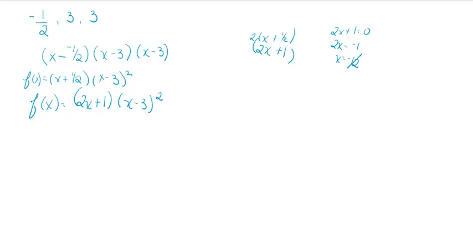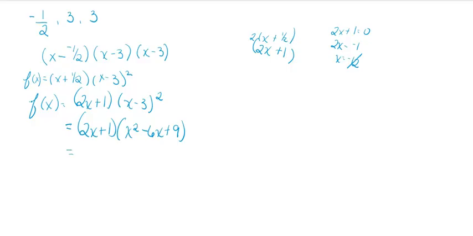Now, I need to go ahead and simplify this out. So x minus 3 squared, when you square a binomial, you're going to get x squared minus 6x plus 9, right? When I FOIL that out, or just multiply two binomials that are the same.